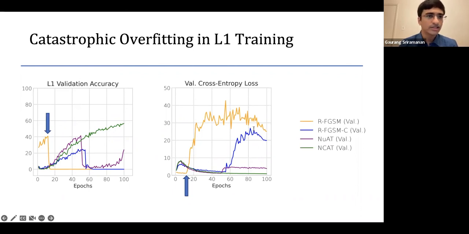And in contrast to that of L infinity, particularly for the case of L1, we see that even nuclear norm adversarial training is not quite stable enough for ResNet-18 based training for even 100 epochs. And this essentially results in suboptimal robustness for L1. While the only state-of-the-art methods available for L1 use multi-step adversarial training. So a priori, it might appear that single-step methods might not be quite effective or useful at all.